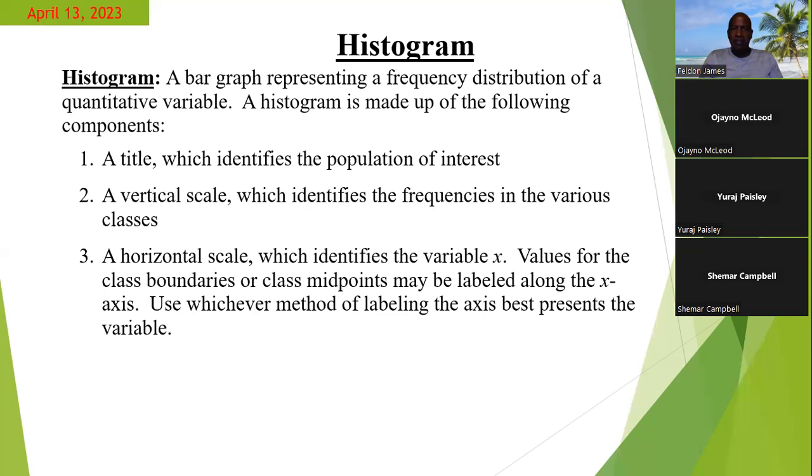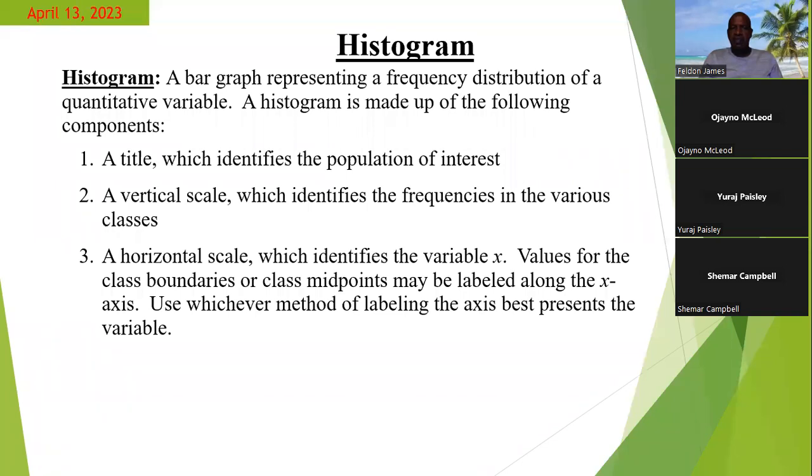The various components of the histogram: it has a title which identifies the population of interest. You have a vertical scale which identifies the frequency in the various classes. There's a horizontal scale which identifies the variable x, the values for the class boundaries or the class midpoints, which may be labeled along the x-axis.